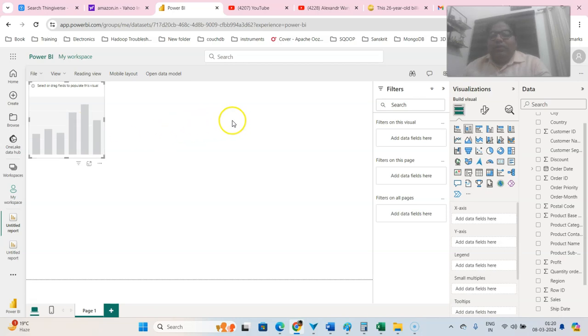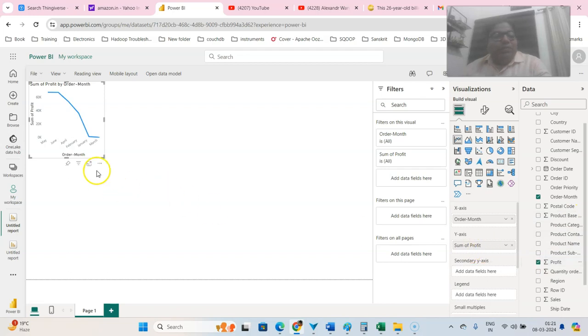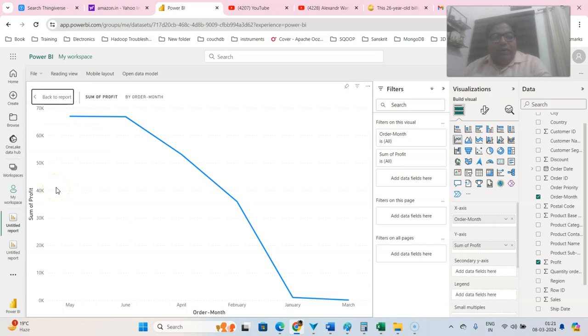Let me put up a line chart over here. On the x-axis I put the order month, and on the y-axis I'm trying to get the profit. Once we put it on focus mode, you can clearly see that the profit is declining as we go in this direction.